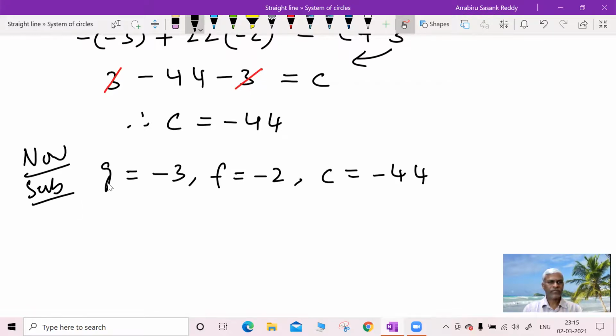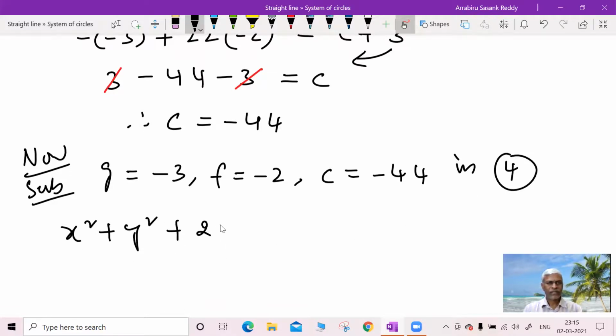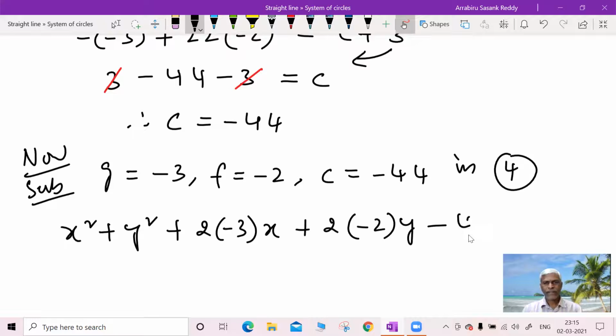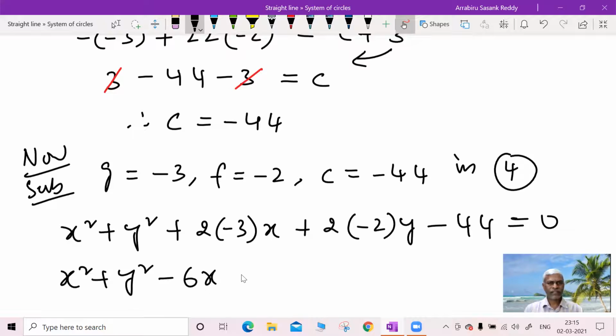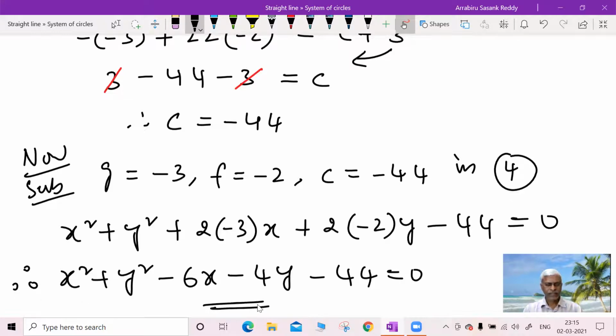Substituting these values in the required equation 4, that is x square plus y square plus 2gx plus 2fy plus c, x square plus y square minus 6x minus 4y minus 44 is the required circle.